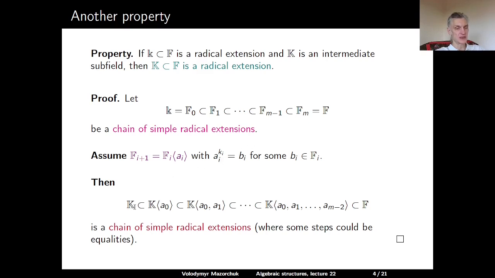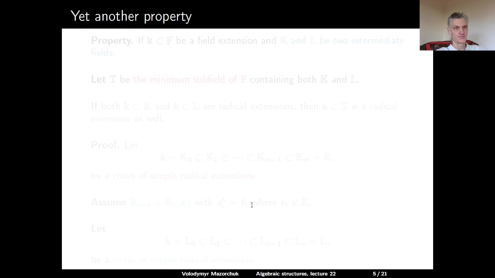So we start from capital K, we adjoin to capital K the element a0, then we adjoin to capital K the elements a0 and a1, and so on, all the way up to the field where we adjoin to capital K the elements a0, a1, and so on, am-2, and then we go to F. So this is a chain of simple radical extensions. Note that some of the steps here might be identities, so equalities. And this proves our property.